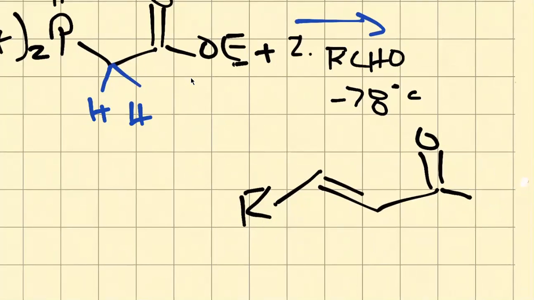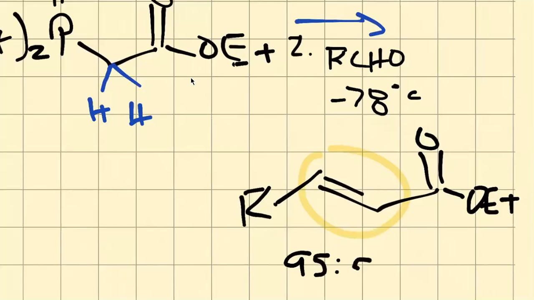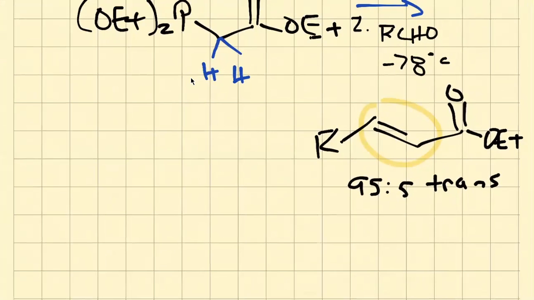So this is the major product, right? The trans. You see the alkene right here is trans, and it's 95 to 5.